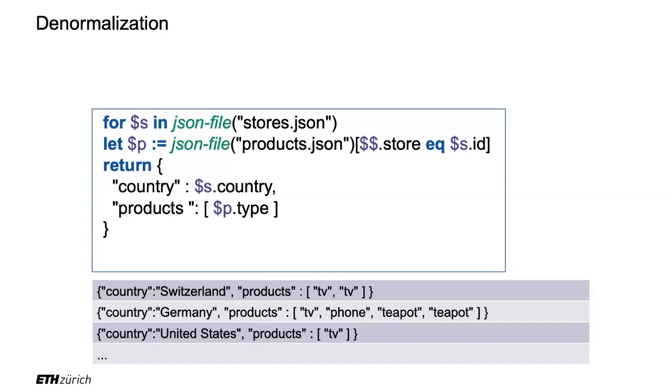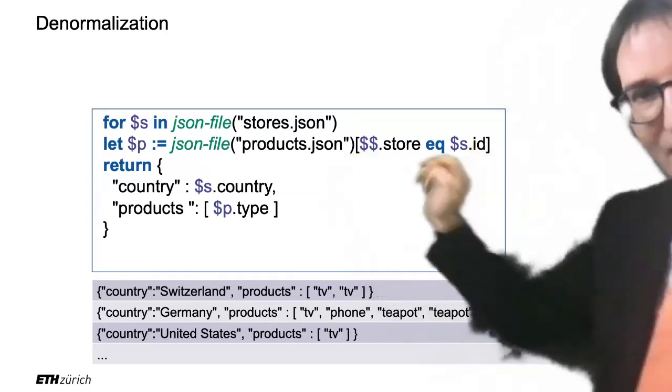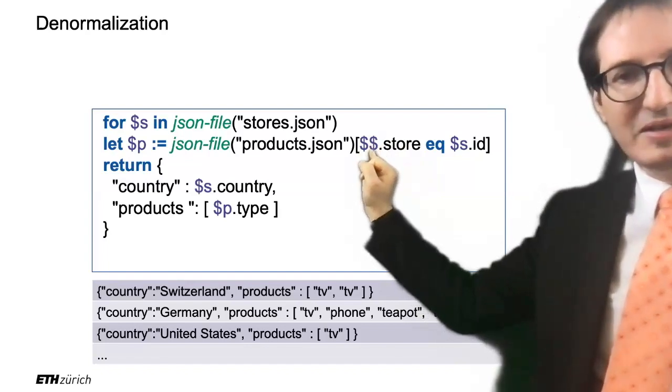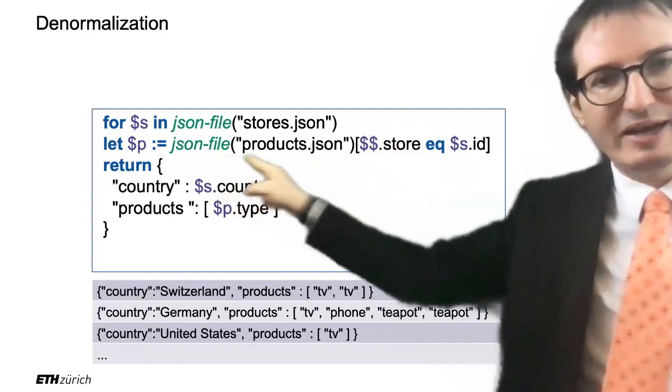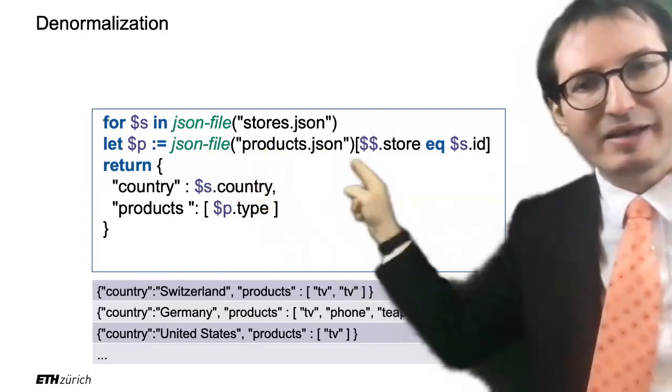What does the $$ do? Well, that's for your predicate. Whenever you have a filtering predicate like this in the $$.store, here, the $$ is basically bound one by one to the items that come from here. That can be a billion items.